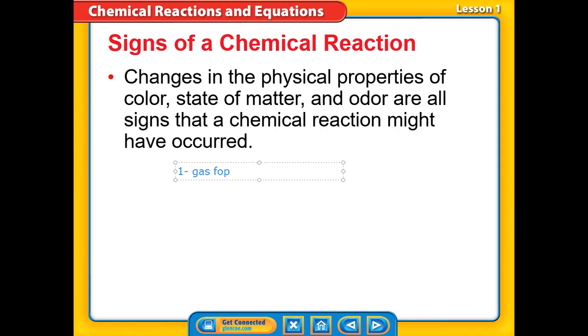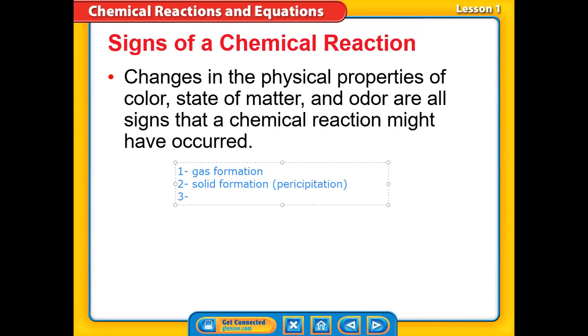Gas formation is something we could observe as bubbles. Also, a change of state could be solid formation, which we call precipitation. That means something solid that is going to be at the bottom of the beaker.